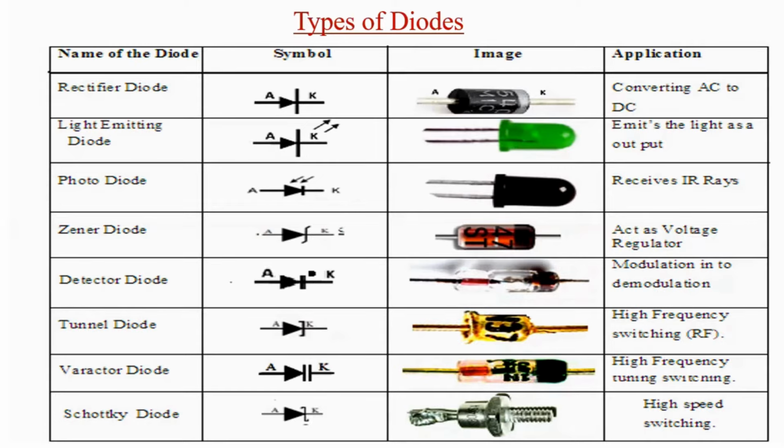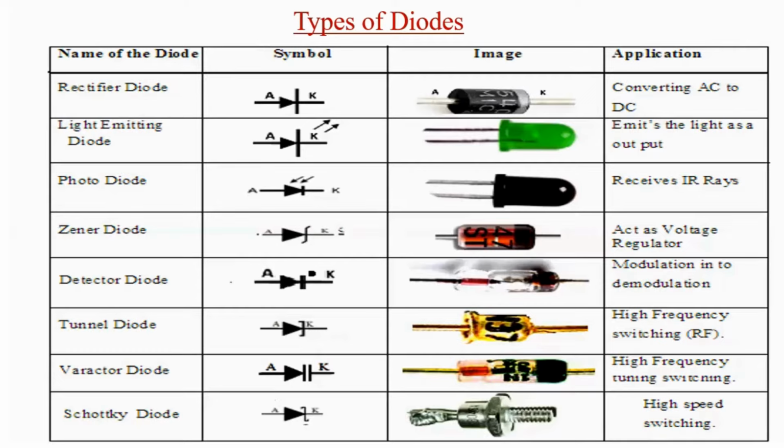Rectification and regulation are mostly what we study in our colleges or core subjects. But we should also understand it is used for many other purposes, like signal modulation, signal mixing, demodulation, oscillation circuits, light emitting diodes, and laser diodes. So all these have different work.